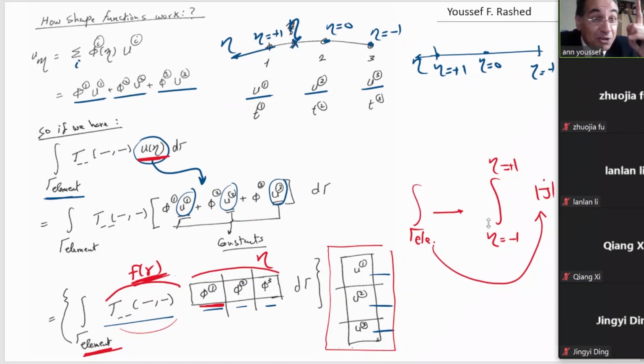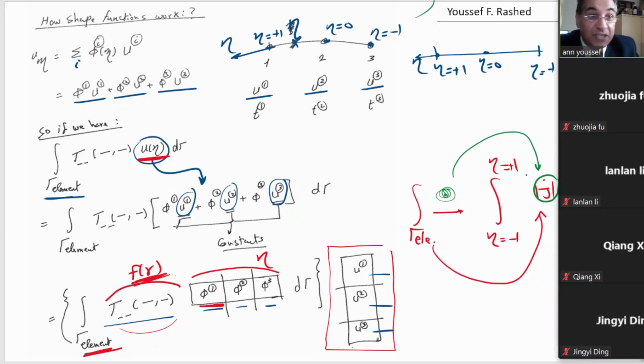But remember something very good. This is something off record, okay? When you change from here to here, the Jacobian appears. That means if we have a kind of singularity here, and we find a certain Jacobian to smooth this singularity, for example, if we have here something like ln r, and we have Jacobian here equal r, that means we are going to smooth the singularity.